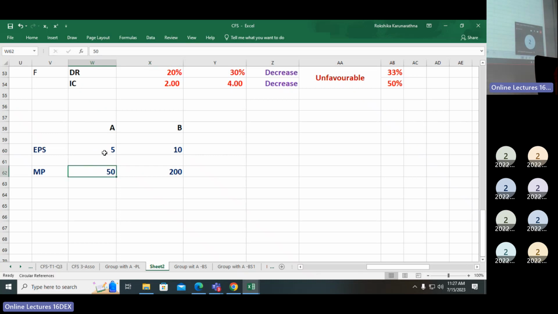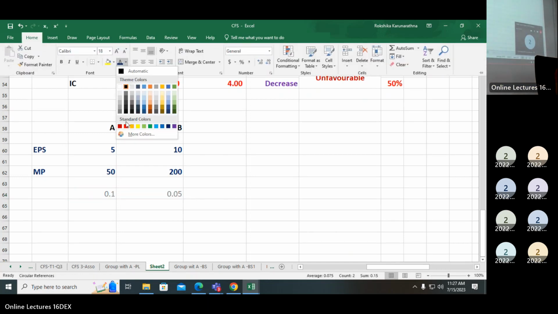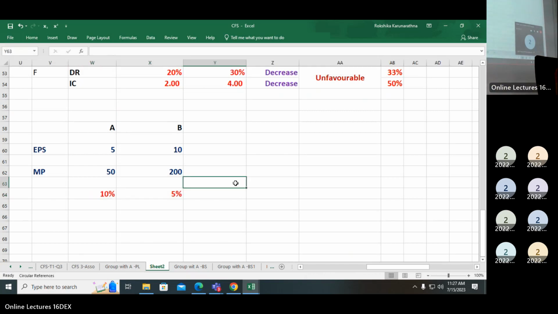So with a 50 rupee investment, you can earn 5. Company B, 10 rupee earning, but you need to spend 200. Then the far better calculation is earning per share divided by market price. This ratio, accordingly, A is better.